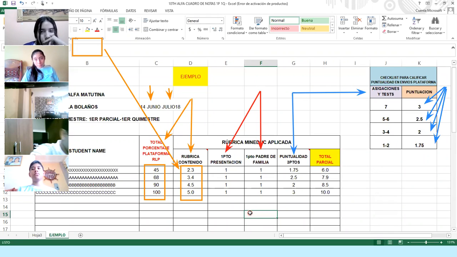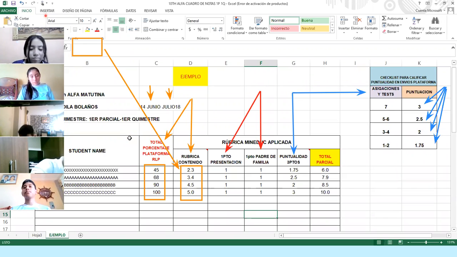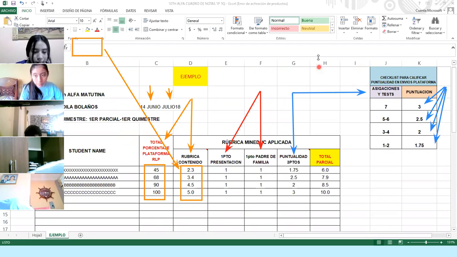Tengo 1 minuto. Si quiere tomarle una captura de pantalla, tómele. ¿Alguna pregunta, chicos? Doy por sentado de que ya todos han entendido cómo se va a proceder a evaluar, ¿ok?